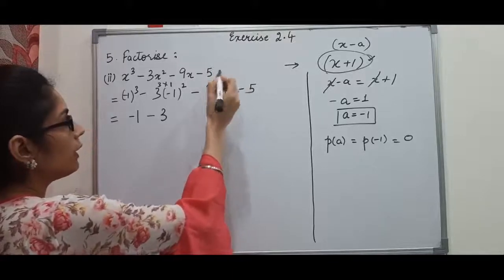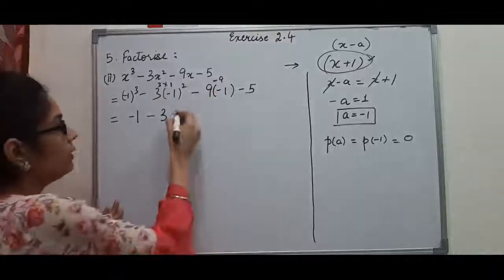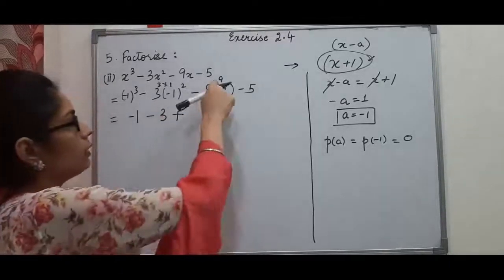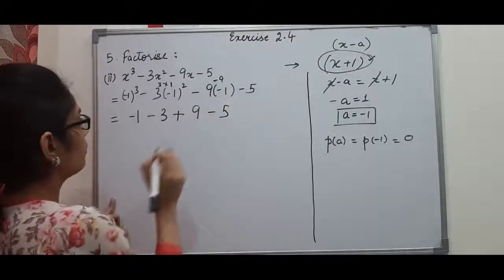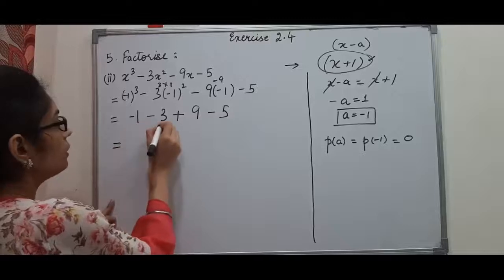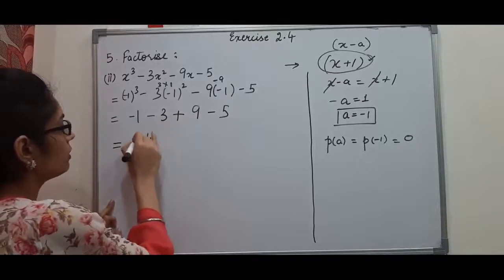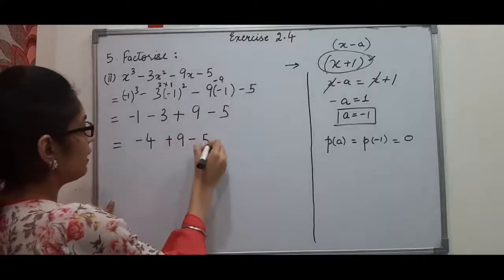And minus 9 and this minus sign, they will both get cancelled and I will get a sign of plus. So minus and minus is plus 9, minus 5. Minus 1 minus 3 is 4 with the sign of minus, plus 9 minus 5.